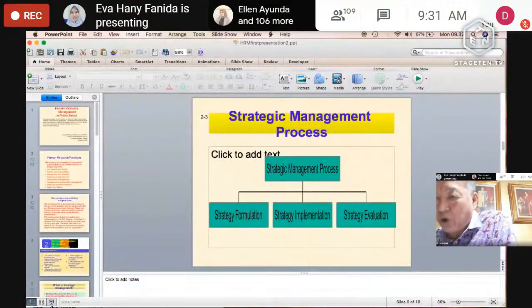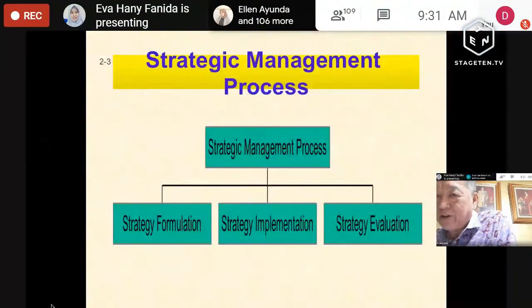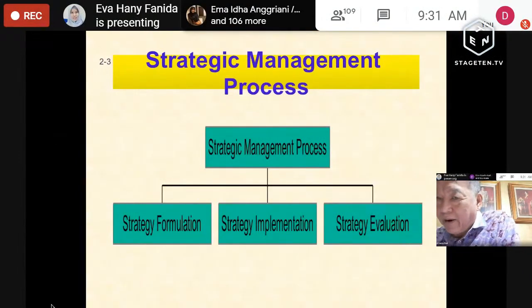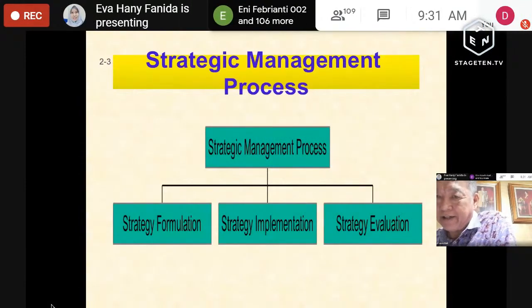Strategic management is a macro level of the company or of the organization to achieve the organization goal.